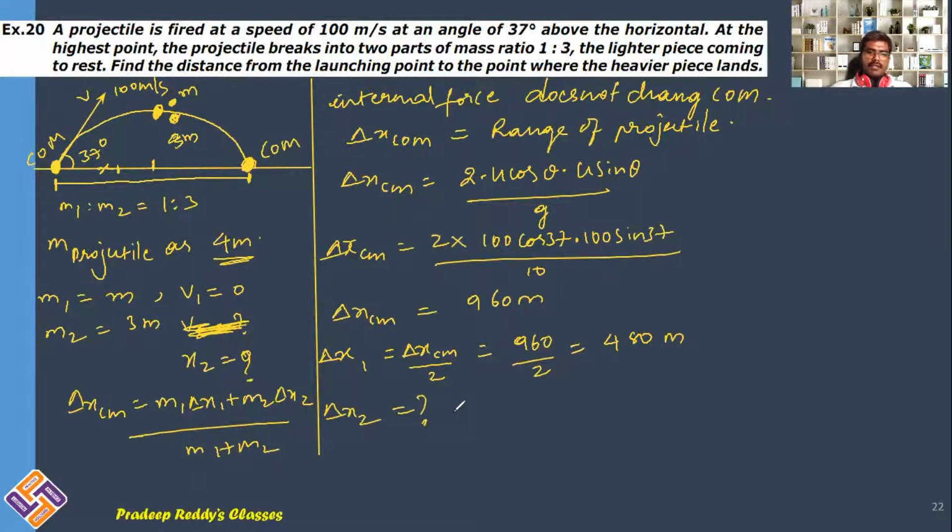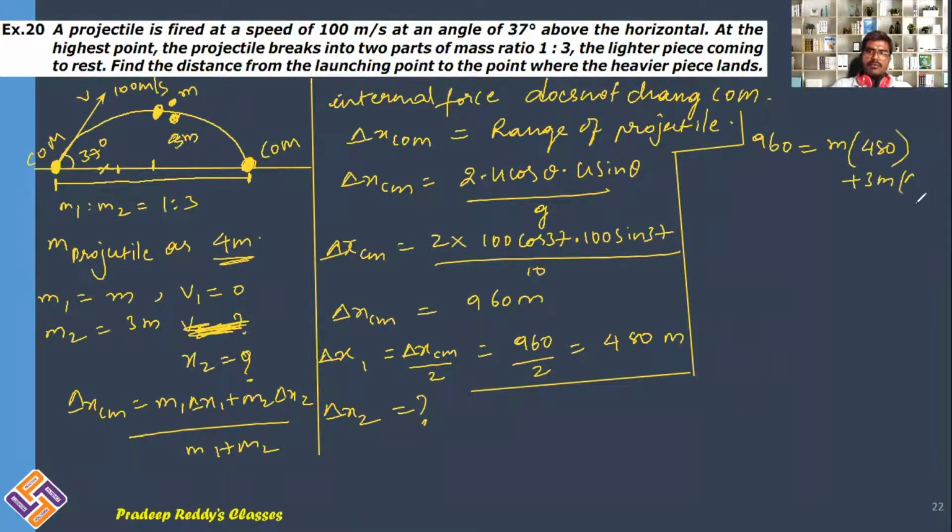So in order to calculate this delta x2, I'll just use all these values in the formula so that you will be getting the final expression. So delta xcm, which is given as 960, is equal to m1, it is m, and delta x1, it is 480, plus m2, it is 3m, and delta x2, divided by the total mass, which is 4m.